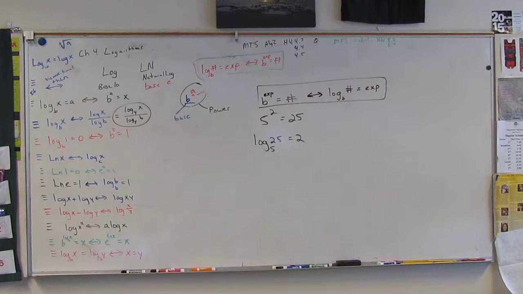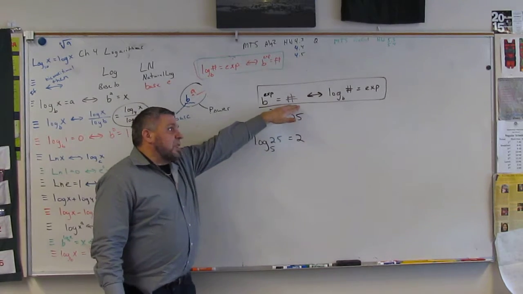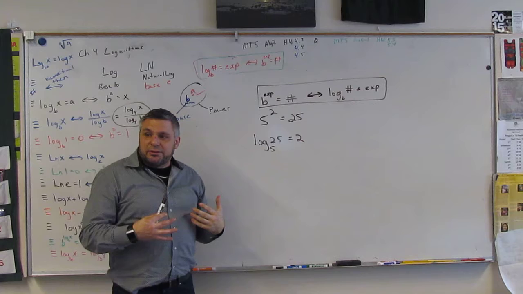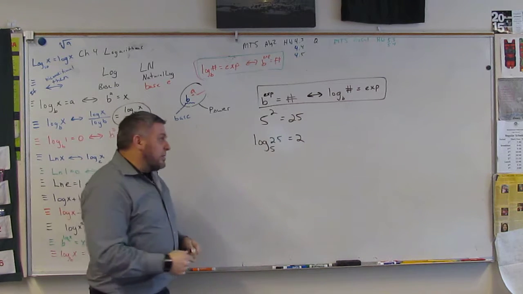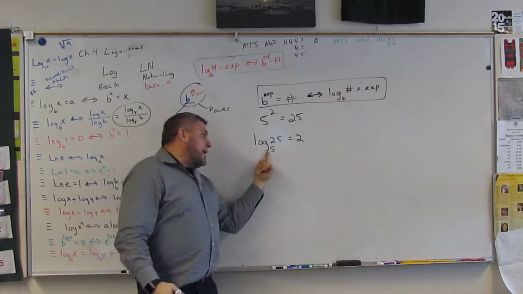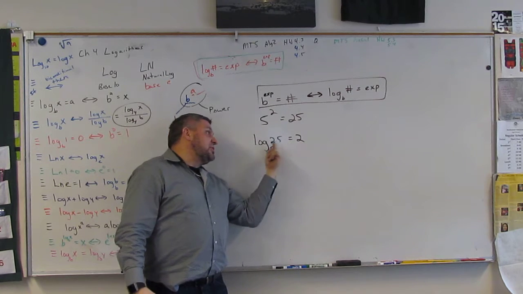So I'm going back a little bit and showing you another way of looking at this. When you think about logarithms, you want to think about the base raised to the power to get you the number.